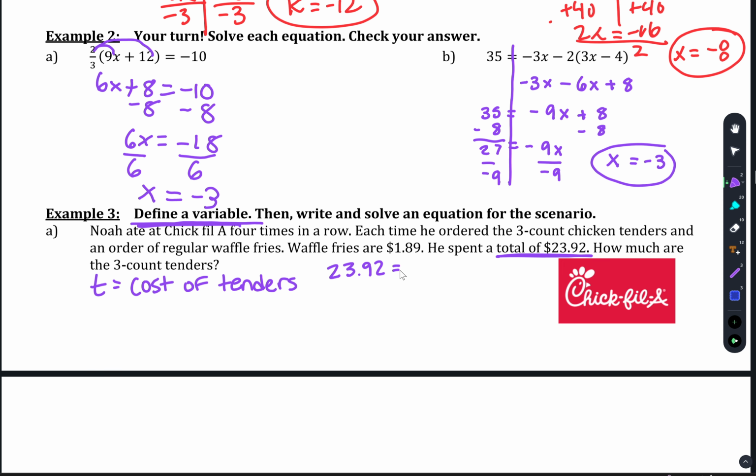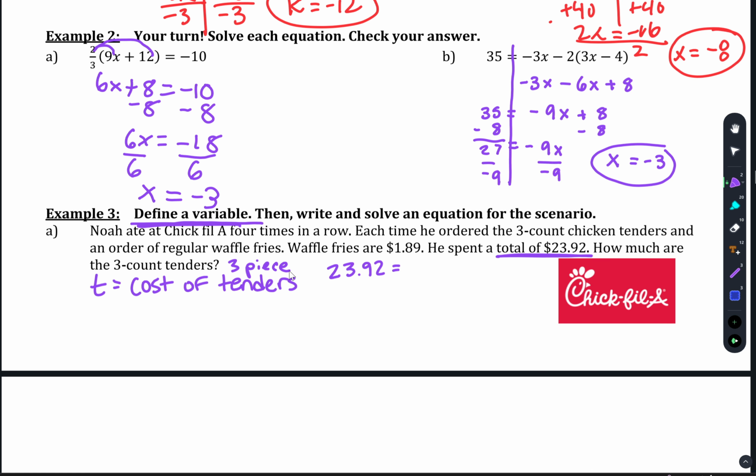What do I know in this problem? No, sorry. The T is the cost of the 3-piece tender meal. So that's the whole meal cost. He gets the waffle fries for $1.89 4 times. What else does he get 4 times? Tenders, right? And the cost of the tenders is what?